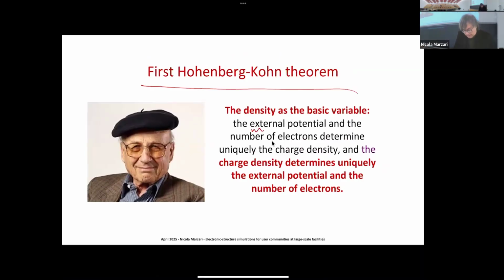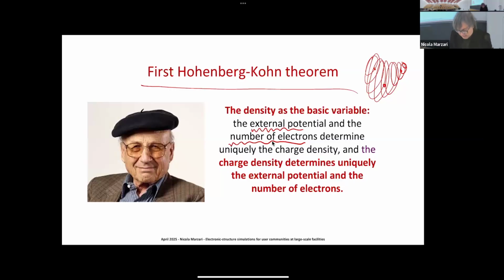Not only do the external potential and the number of electrons determine the ground state energy, but they also determine all other properties, including the ground state charge density. So these are the two protons, this is the oxygen. I know that if I have 10 electrons, those 10 electrons will make this croissant here. It was in France, so it was inspired.